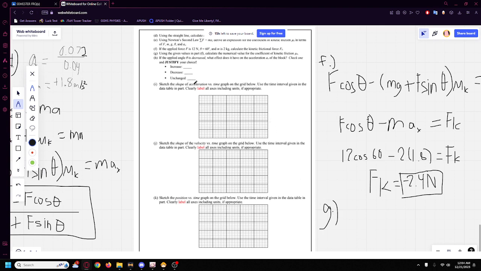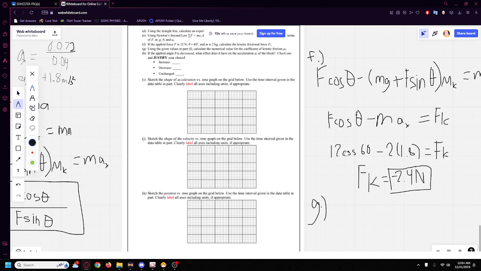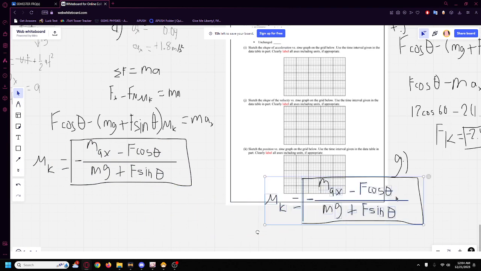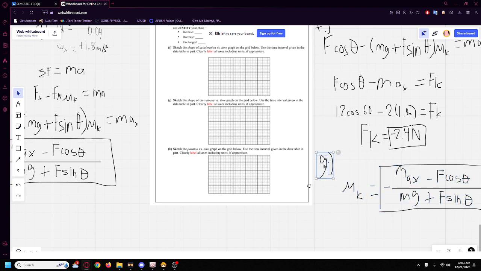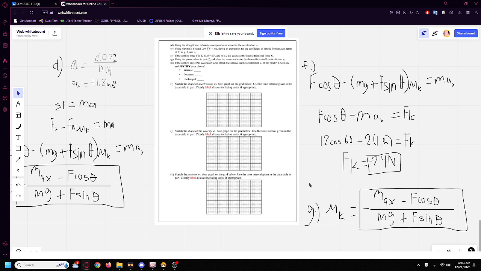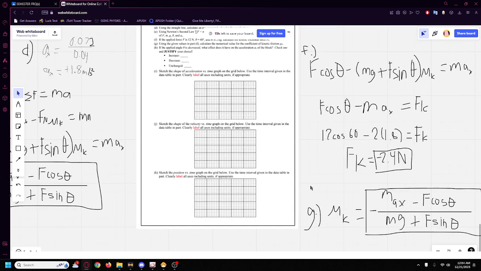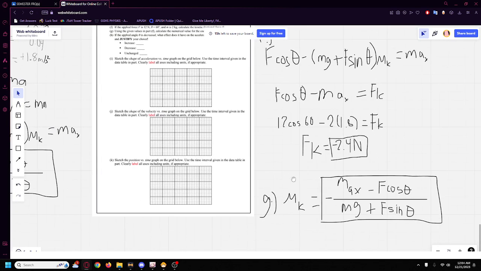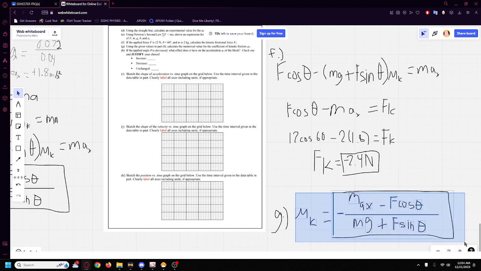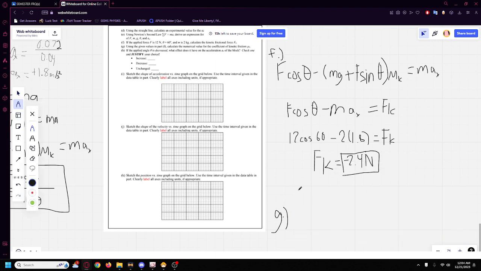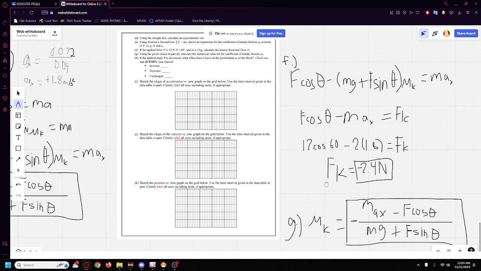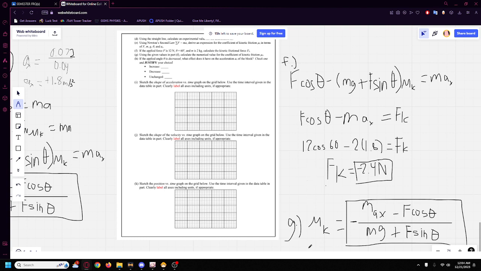Part G asks to calculate the numerical value of mu k using part F values.